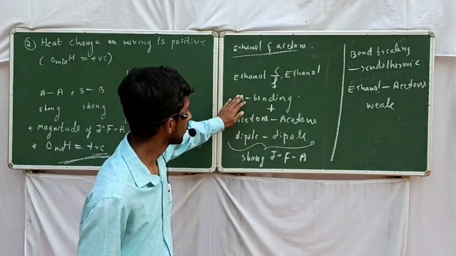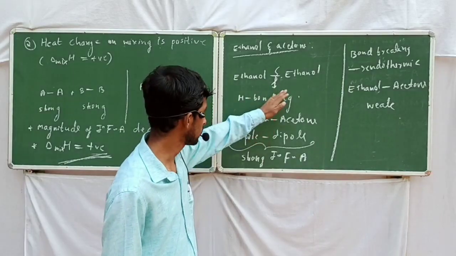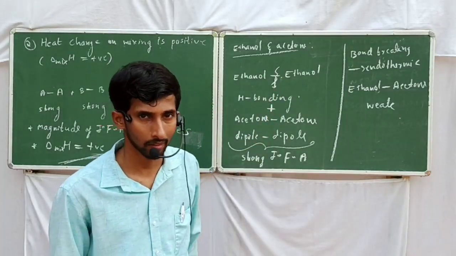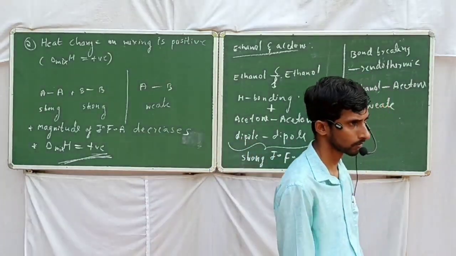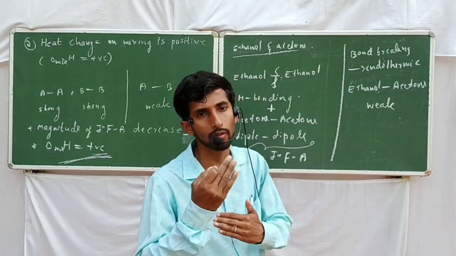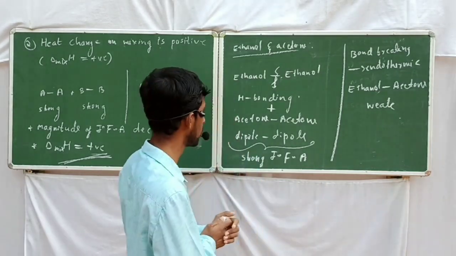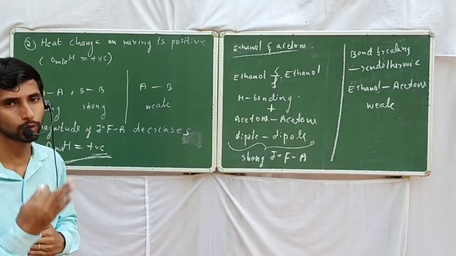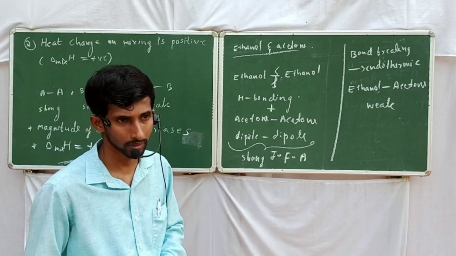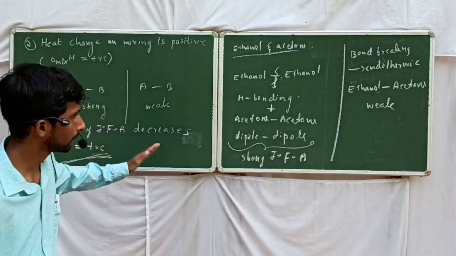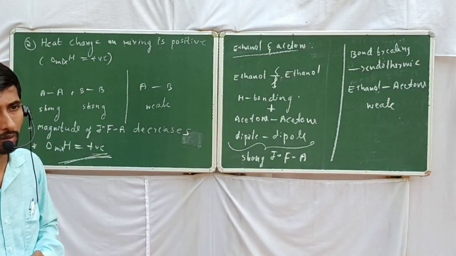In this case, the ethanol and acetone mixing process involves breakage of hydrogen bonding between ethanol molecules. Clearly, bond breakage is always an endothermic process. That means we require some amount of energy in order to break the bond. So energy is absorbed during that process, during the dissolution process. So that is an endothermic process.